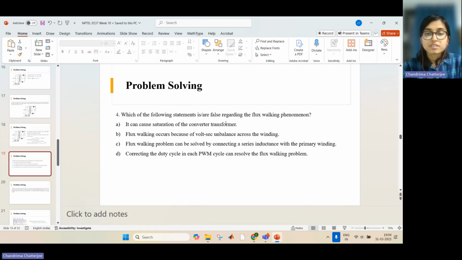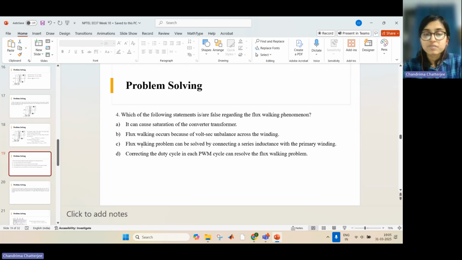So the next question is, which of the following statements is false regarding the flux walking phenomena? The first option is, it can cause saturation of the converter transformer. The second option is, flux walking occurs because of volt-second unbalance across the winding.